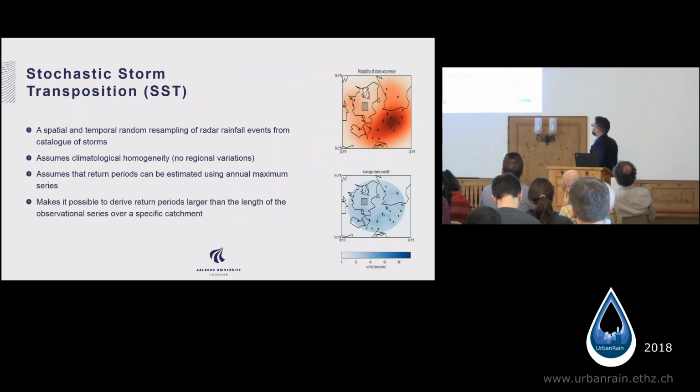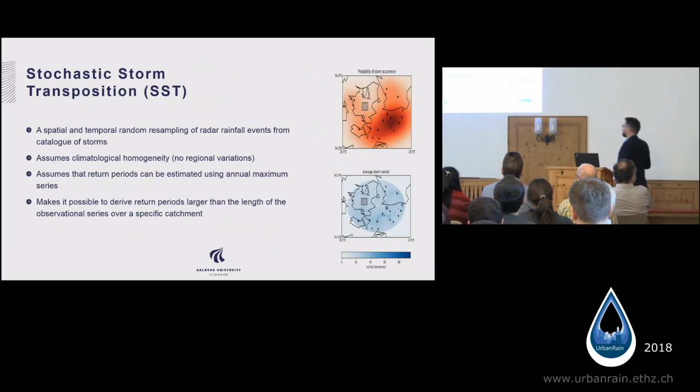Well, basically, it involves a lot of simulations, some random resampling of the rainfall events. We're assuming that we have homogeneous climatology. And then it assumes something about using annual maximum series as a statistical foundation, let's say. And then it makes it possible to derive return periods longer than the length of the observed series, because you're moving the events around.